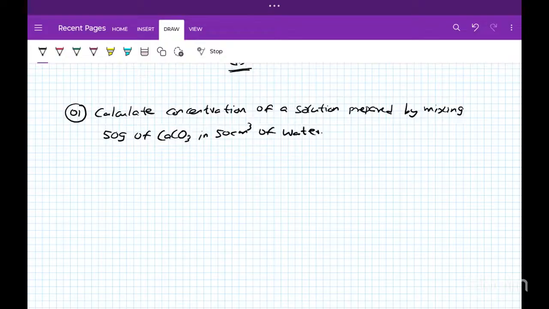So please revise the question like this. Calculate calcium carbonate concentration of a solution prepared by mixing 50 grams of calcium carbonate in 50 cubic centimeters of water. Within brackets, calcium is 40, carbon is 12, oxygen is 16.